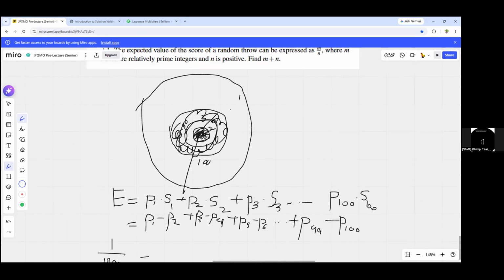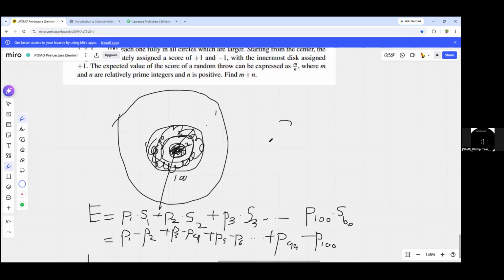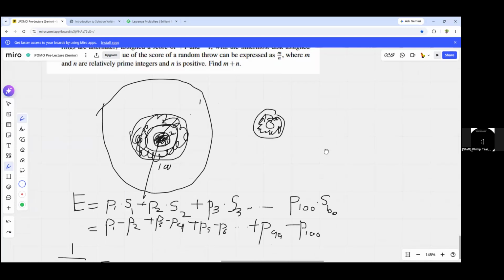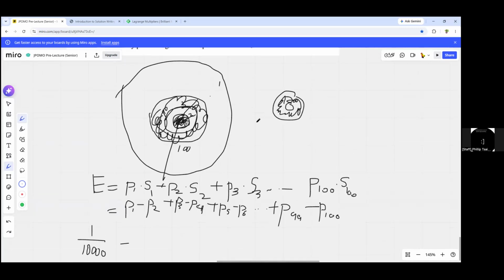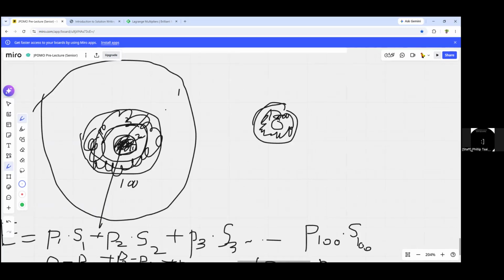Wait, sorry, I'll redraw it. That's the probability of reaching here, which is this entire circle minus the area of this circle.